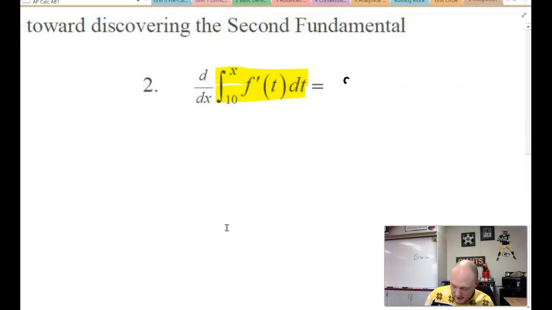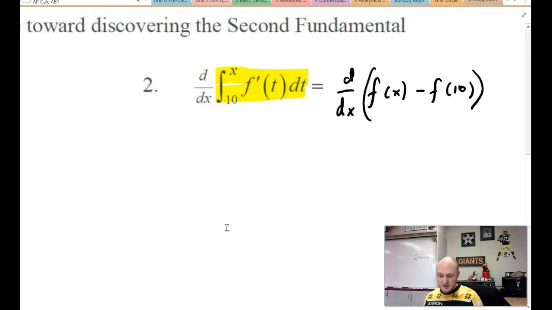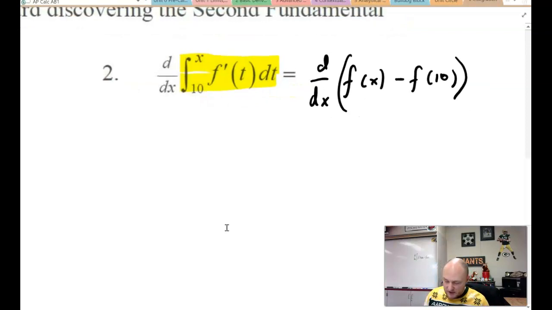We already said that is f of x minus f of 10. Now we want to take a derivative of this. The derivative of f of x is f prime of x, and the derivative of f of 10 is just 0. It's a constant, and the derivative of a constant is 0.